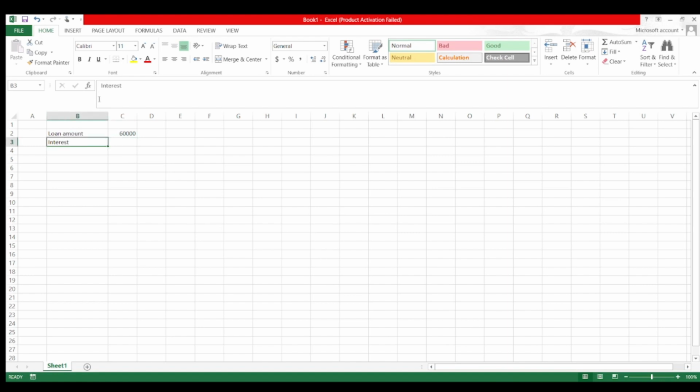So we have our annual interest of 0.04. However, it's being compounded monthly. So for the monthly rate, we simply divide this by 12.